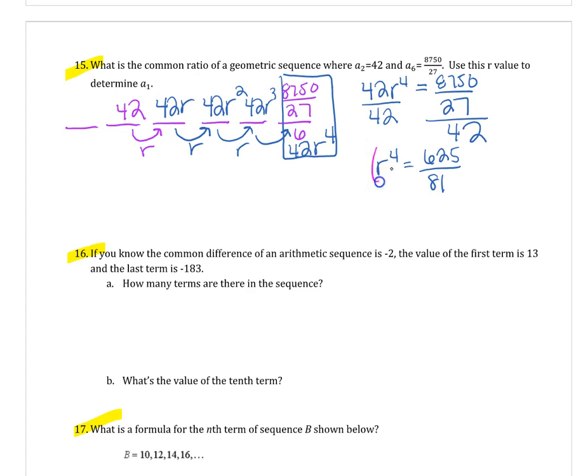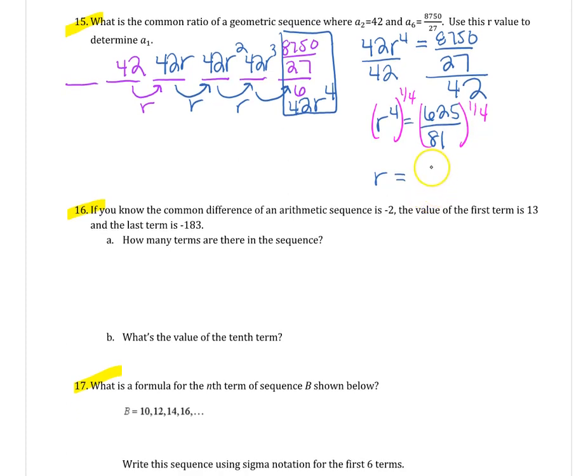And then I'm going to raise both sides to the 1/4, or take the fourth root. Okay, now if you know your perfect fourths, the fourth root of 625 is, you guessed it, 5. And then 3 to the fourth gives you 81. Okay, so your scale, I almost said scale factor because of geometry, excuse me. Your common ratio is 5/3.